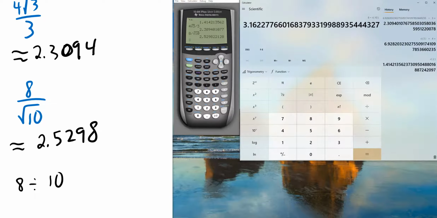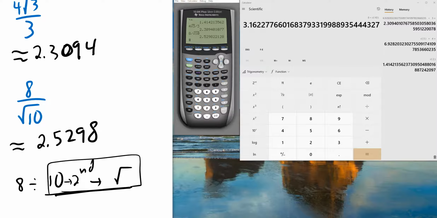What this does, you see the answer I got here is 3.16 something. But the answer on the graphing is 2.52. How come they are different? Because this step here only gives me the square root of 10, which is about 3.16.